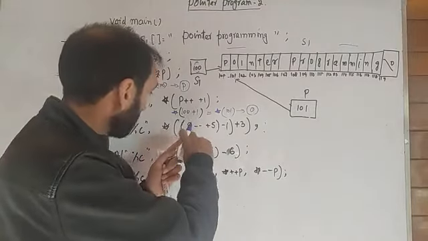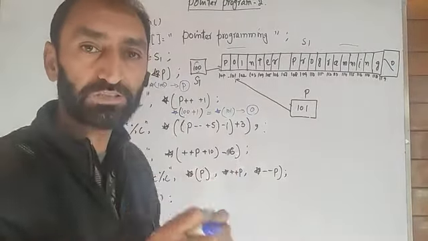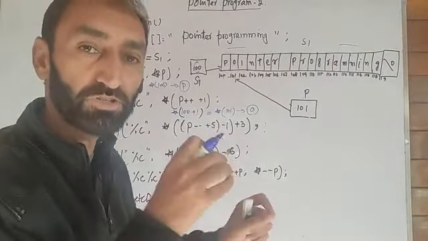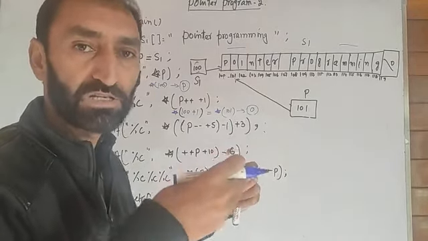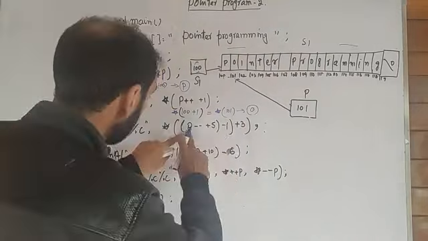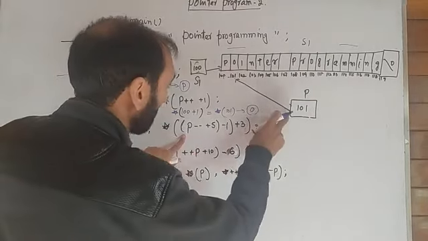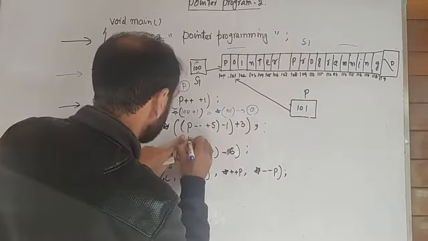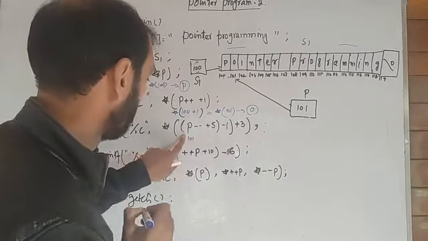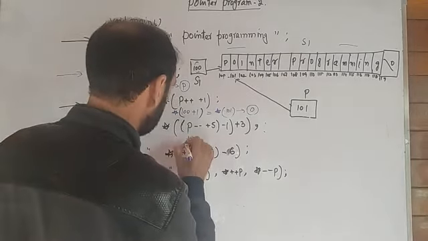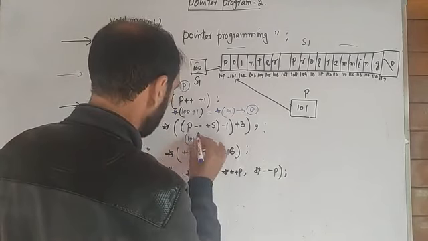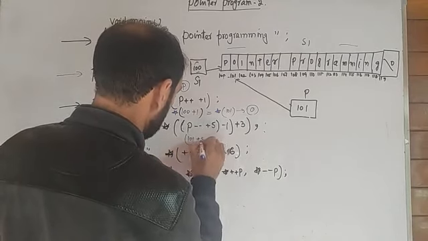In the post decrement or post increment case, first the value will get returned, then the pointer variable is incremented or decremented. Here, what is in p? P contains 101.